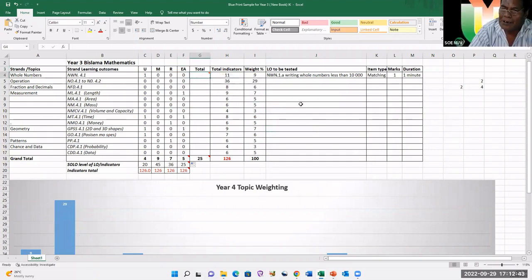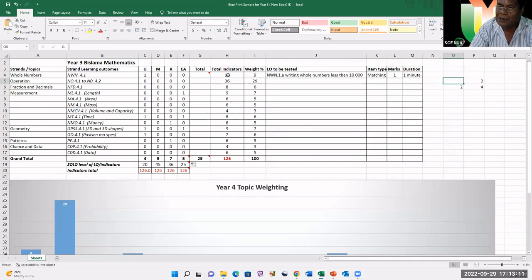For this, we need to fill up this. This is the total indicators, but how many will be tested? We cannot test all of these 126 indicators. We must make a proportional calculation from all these indicators. So if you look at this corner, this number is missing.